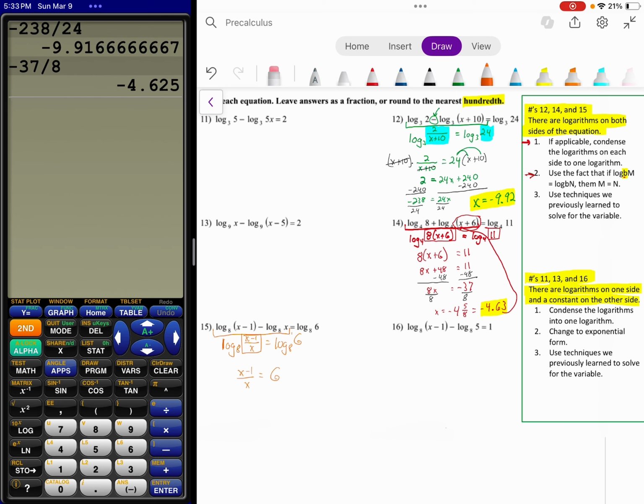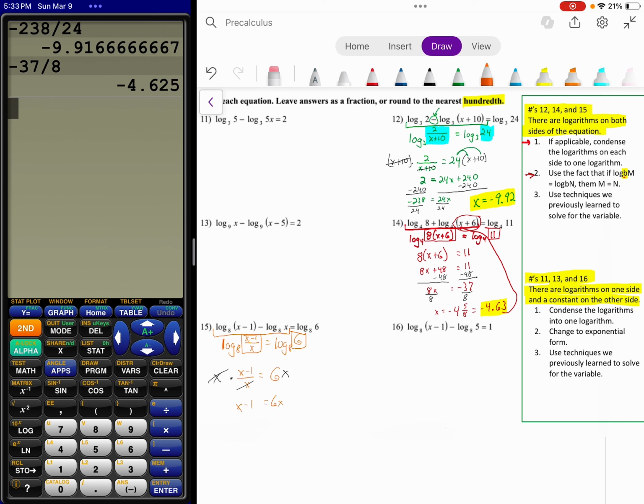That's like our m is equal to n. And we have a rational equation. We want to multiply both sides by the least common denominator, which is just x. On the left side, it cancels. And so we're left with x minus 1 equals 6x.